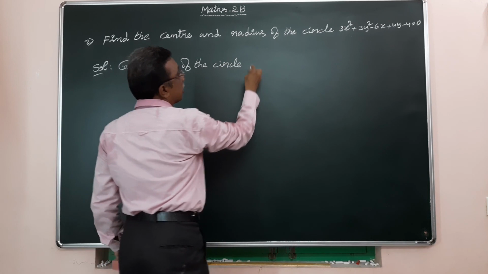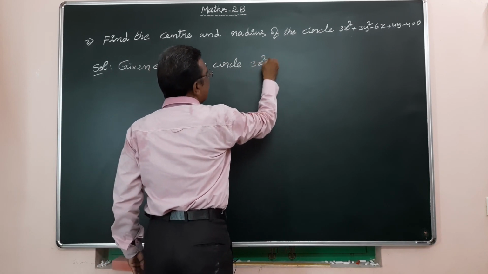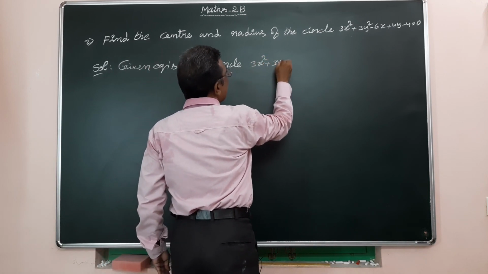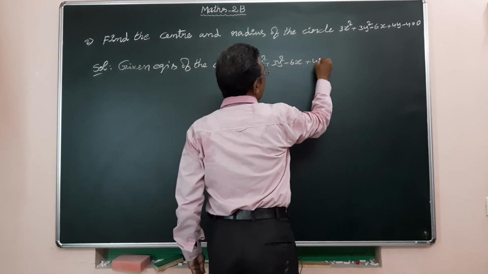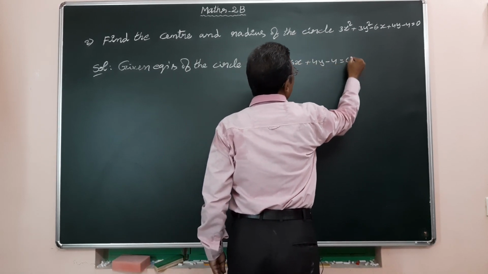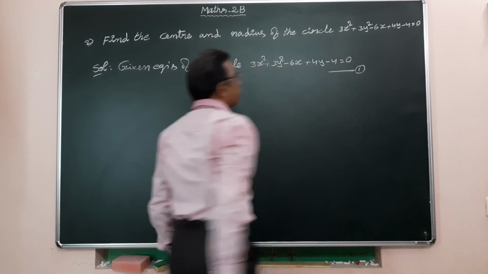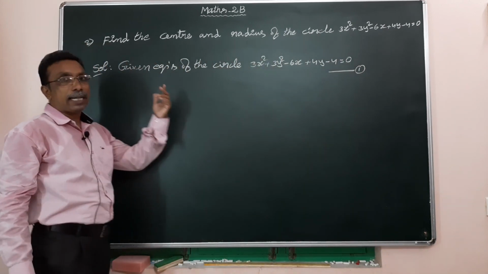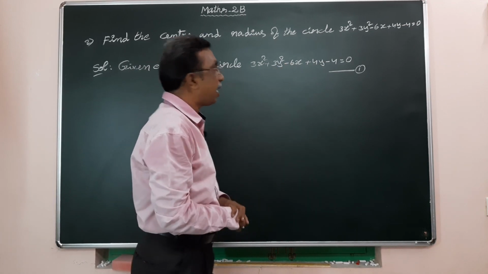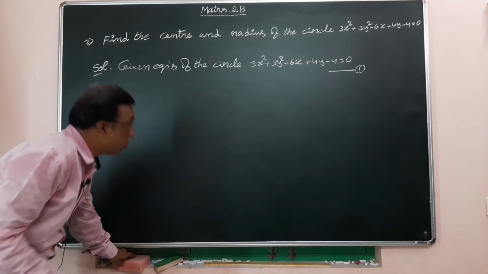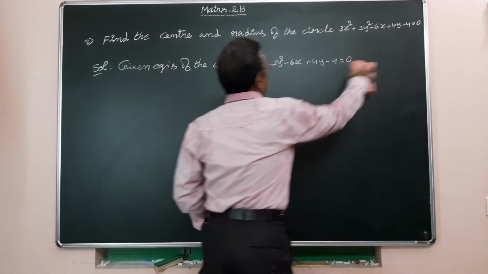Given equation of the circle: 3x square plus 3y square minus 6x plus 4y minus 4 equal to 0. This is equation 1.